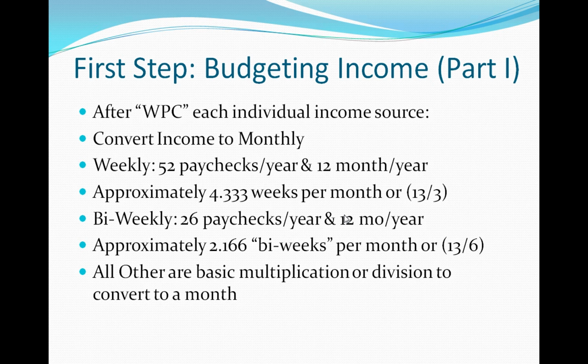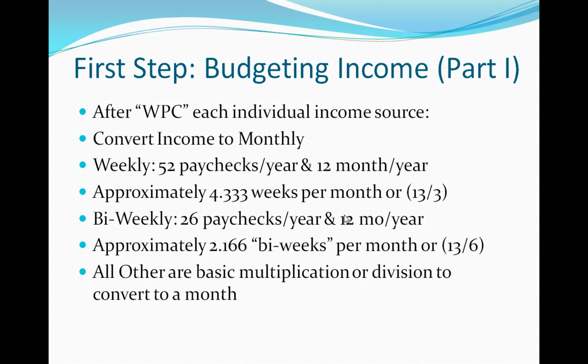Now, if you're wondering why, if you get paid weekly or bi-weekly, we take the total paychecks per year and divide by months, the truth is that, as you've probably realized, anywhere between 2 to 4 months per year you may have months where you actually have an extra paycheck. What we're trying to do here is isolate that.